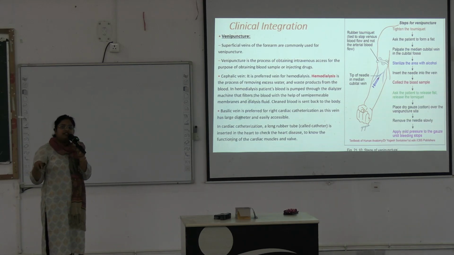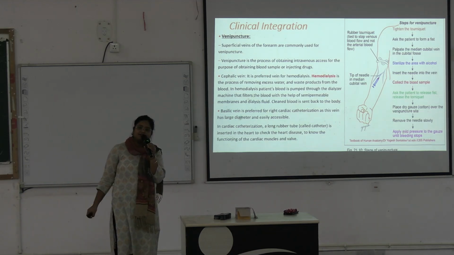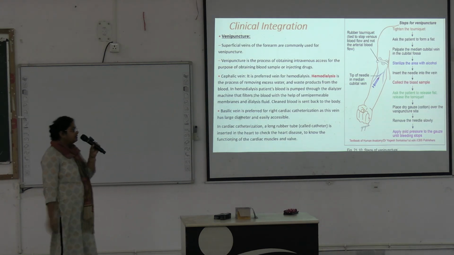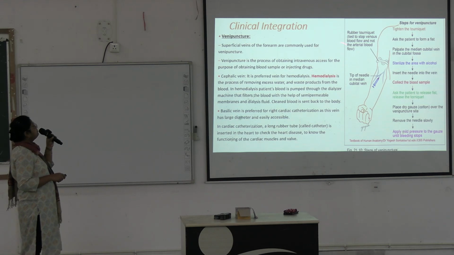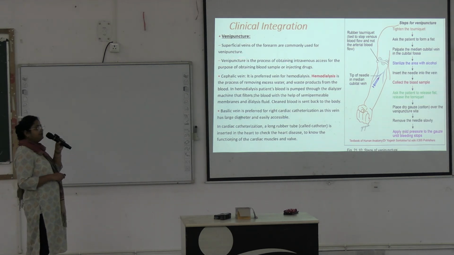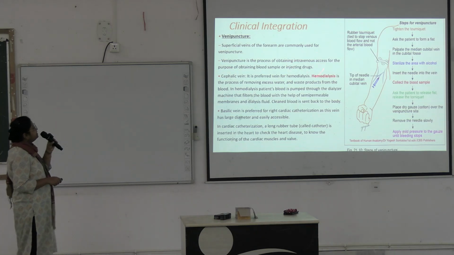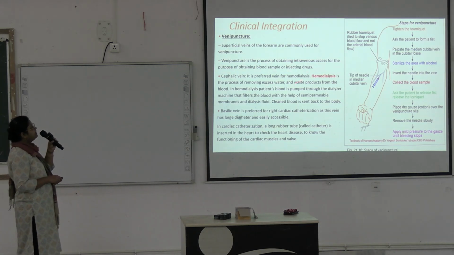You have to put a channel for introduction of saline or introduction of different drugs. You have to do all this in the superficial veins of the upper limb. So superficial veins of forearm are commonly used for the venipuncture, and venipuncture is the process of obtaining intravenous access for the purpose of obtaining blood sample or injecting drugs. Okay.